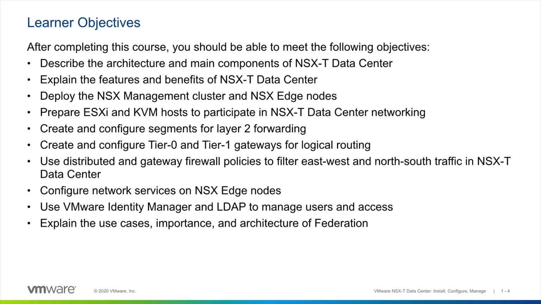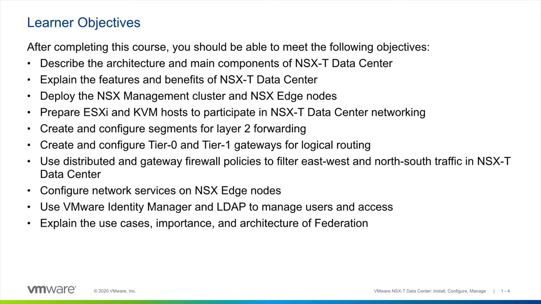We are going to look at segments for layer 2 forwarding. We're going to look at gateways for layer 3 forwarding. We're going to get into security with the distributed firewall and the gateway firewall, and we'll talk about how we can integrate in third-party services as well to the security.